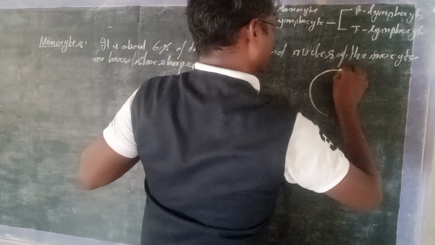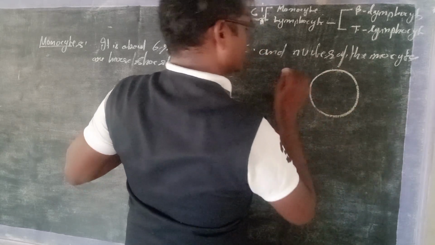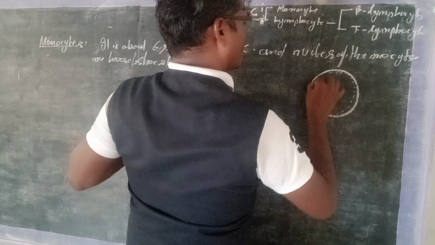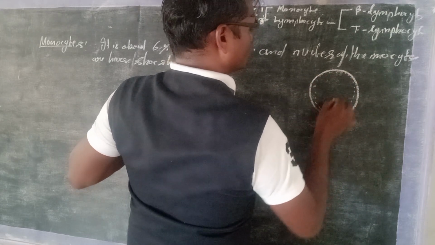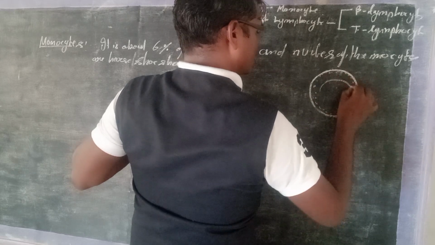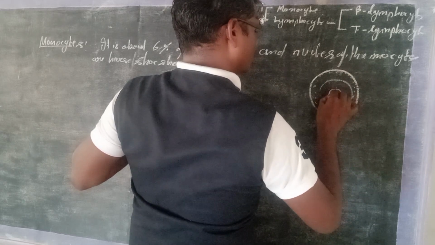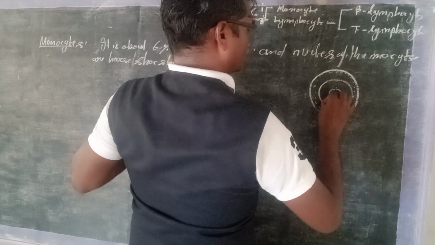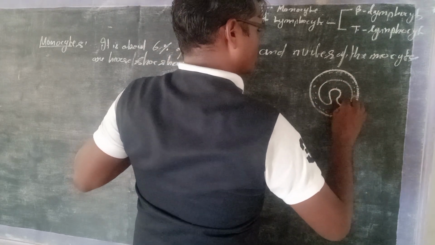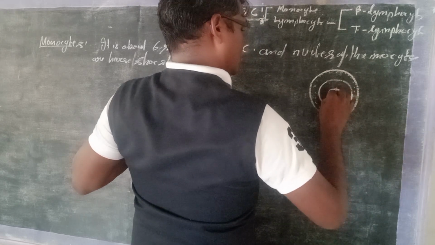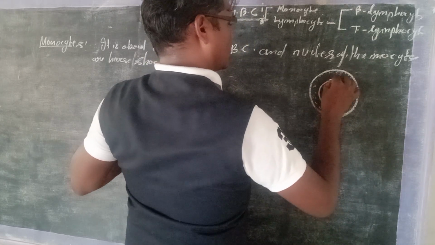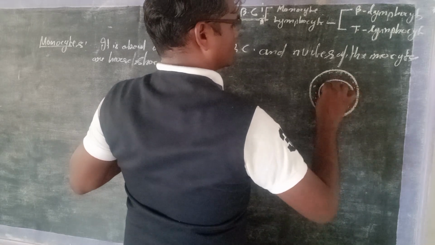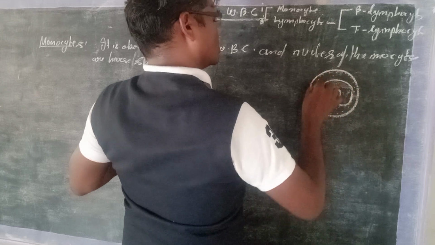If you see the nucleus, these rounded spherical blood corpuscle cells are monocytes. And if we look closely, we will see that this is the horseshoe shaped nucleus. We can watch this clearly and study it well, so that you can also examine it from the exam point of view.